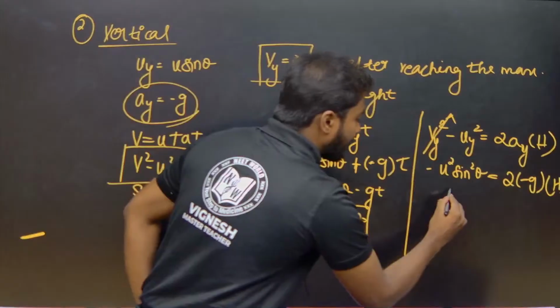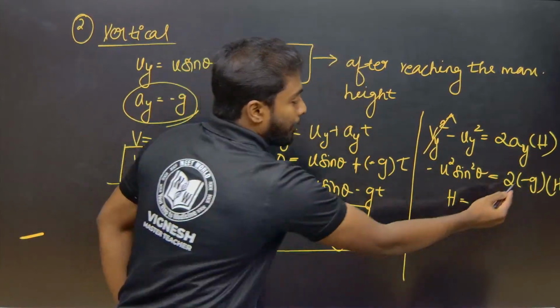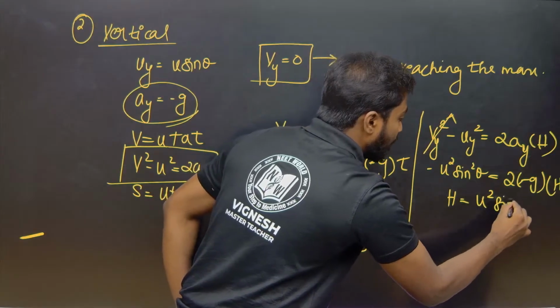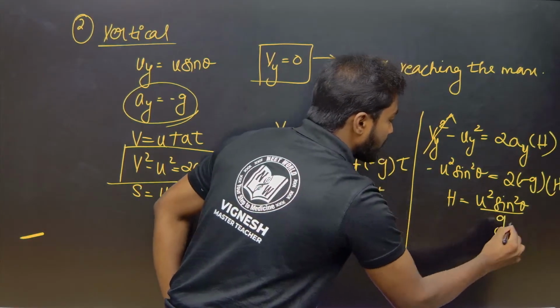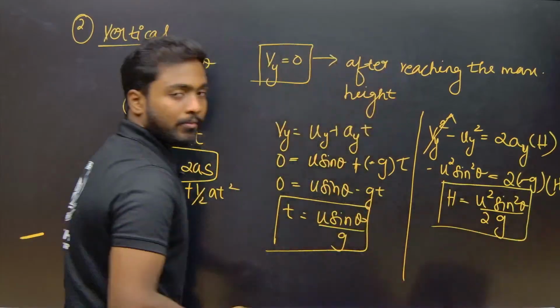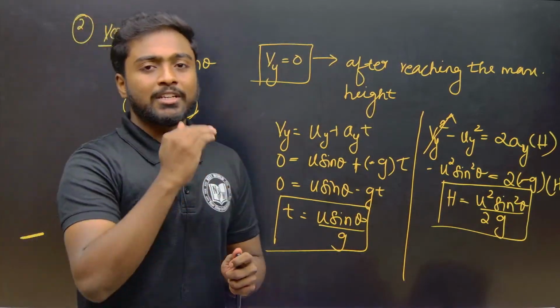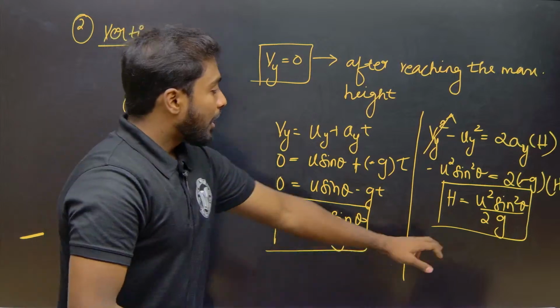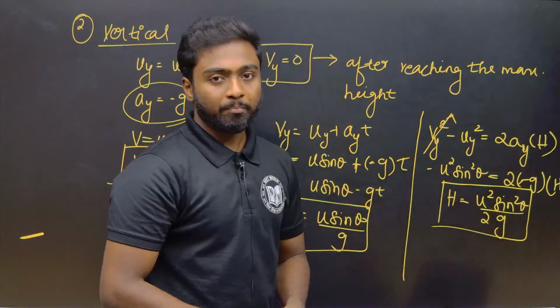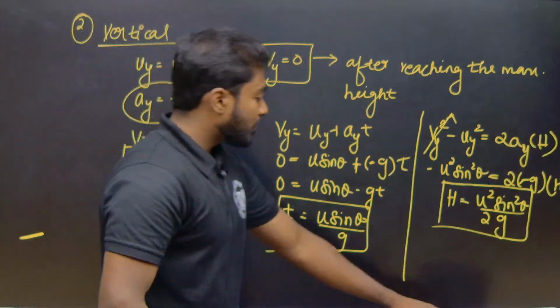From here, minus minus will get cancelled out, so h is equal to u square sin square theta by 2g. This is the height. If I am throwing an object, how much height it reaches I can calculate by the equation u square sin square theta by 2g. We will do the sums after derivations.